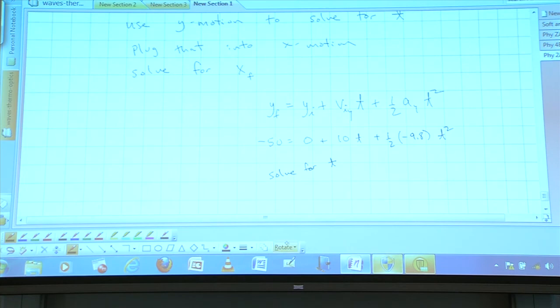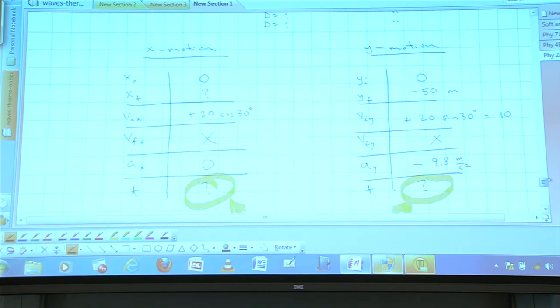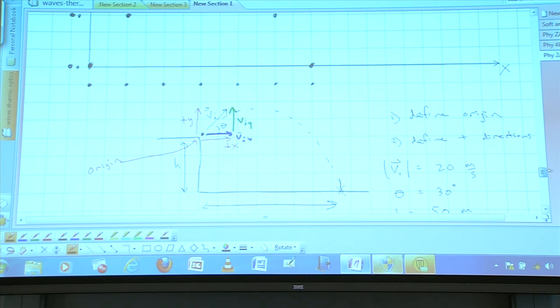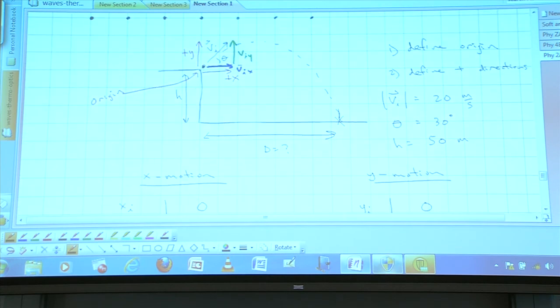You're going to get two roots. Maybe one of them's negative, one of them's positive. Yeah, one of them's going to be negative, one of them's going to be positive, because you can see that if you had completed this parabola, you'd end up back over here somewhere.